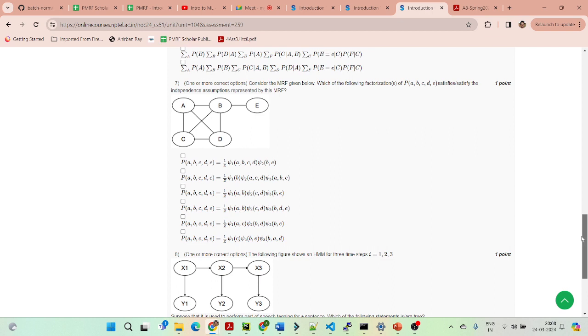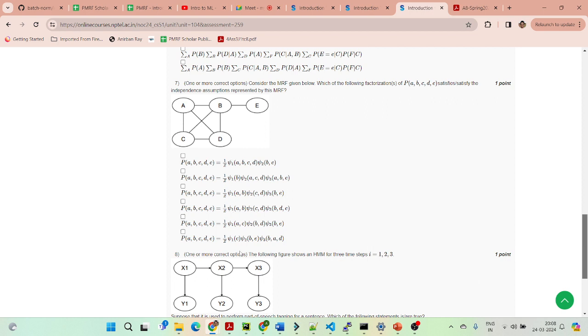For the MRF, given the values, should the following satisfy the independence assumption represented by this MRF? Acha. So what they're doing is writing the independence assumption. Acha.